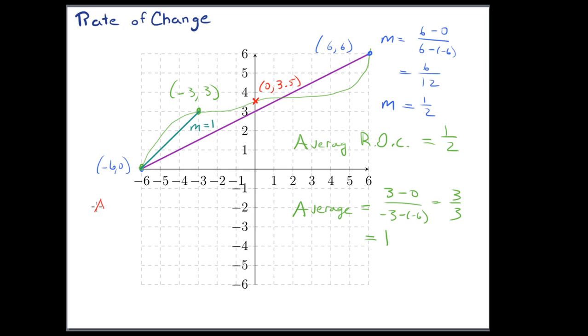Then that average would be 3.5 minus 0 divided by 0 minus a negative 6, which is 3.5 over 6. I think we'll just leave it like that.